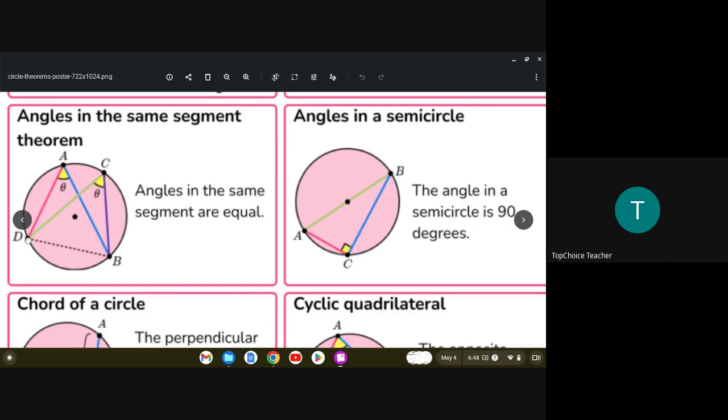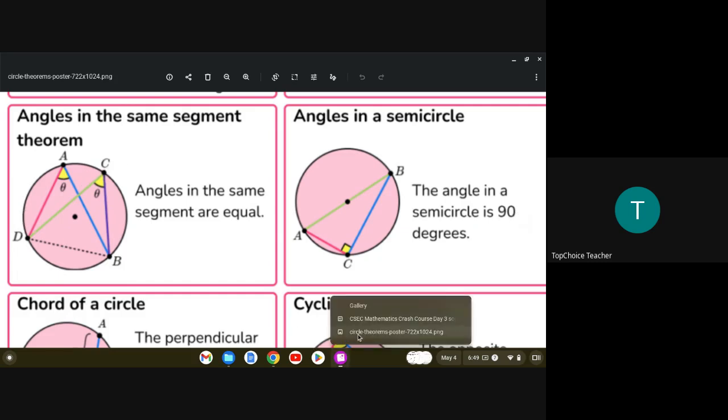If we draw lines in this pattern, touching the circumference back to the ends of this chord, these angles are going to be equal. These two are equal, and these two on the bottom are also equal. This is one of the rules you may have remembered.